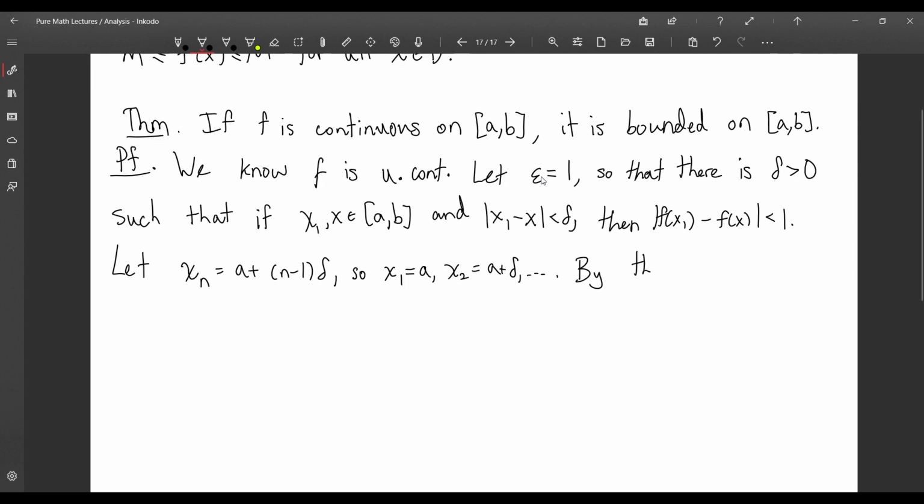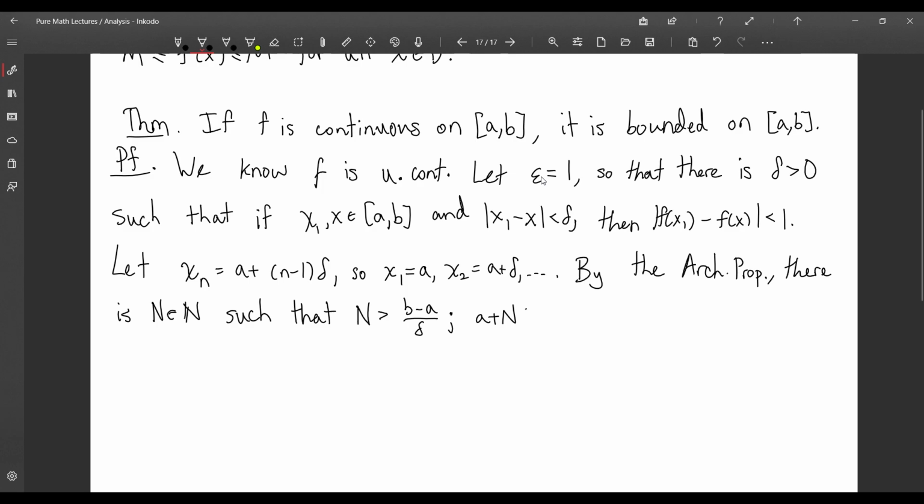By the Archimedean property on R, there is a natural number n such that n is bigger than the real number (b minus a) over delta. In other words, a plus n delta is greater than b.